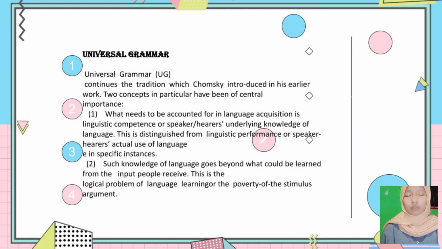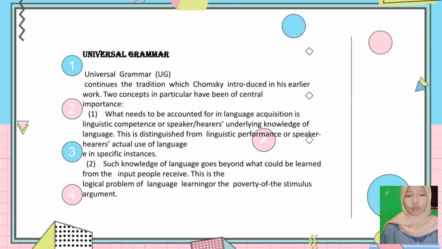Universal grammar, or UG, continues the tradition which Chomsky introduced in his earlier work, in which two concepts in particular have been of central importance. The first, what needs to be accounted for in language acquisition is linguistic competence, or the speaker-hearer's underlying knowledge of language.